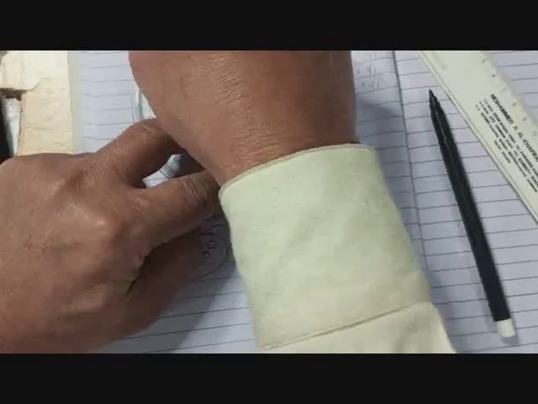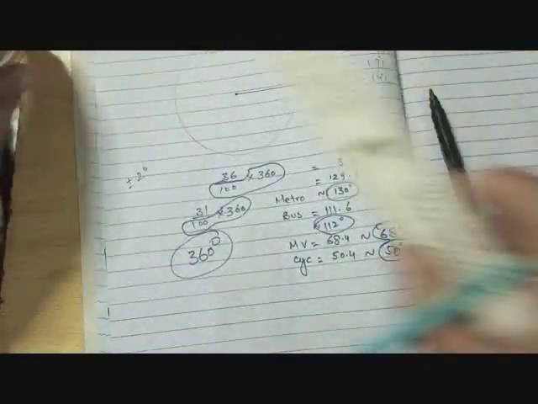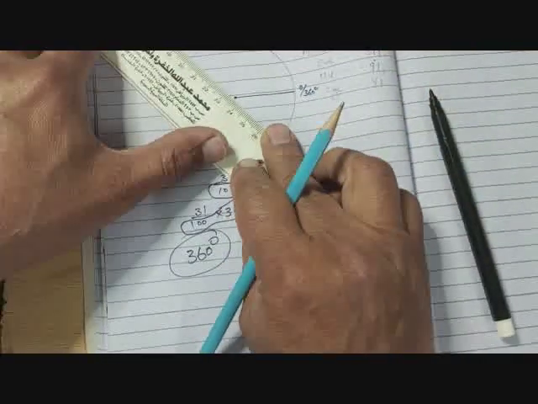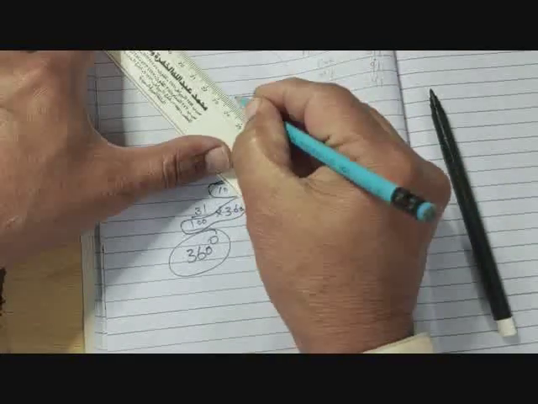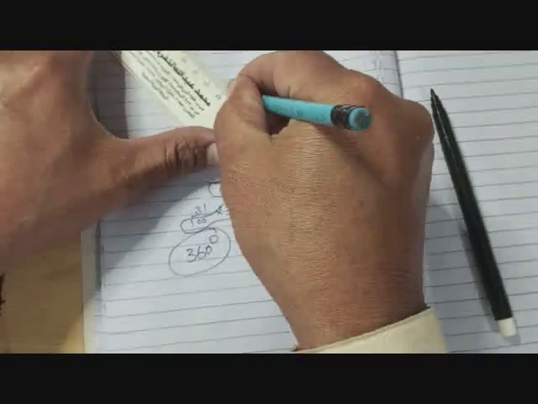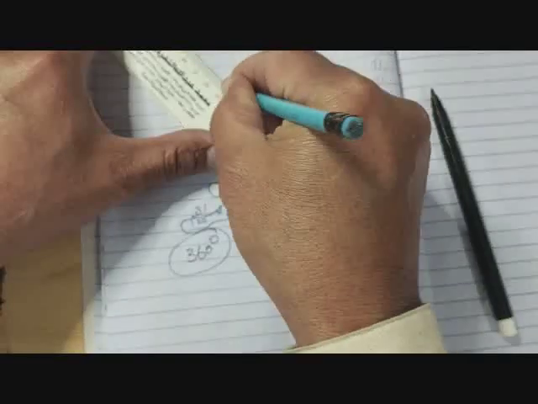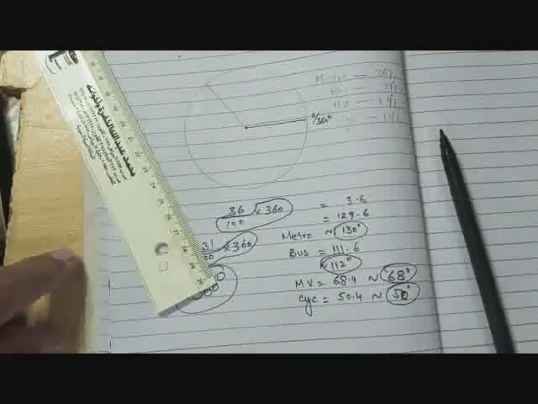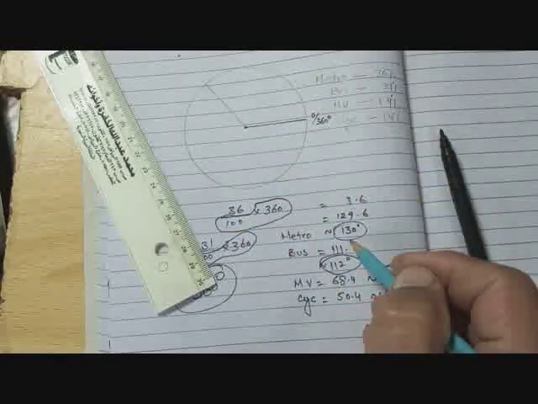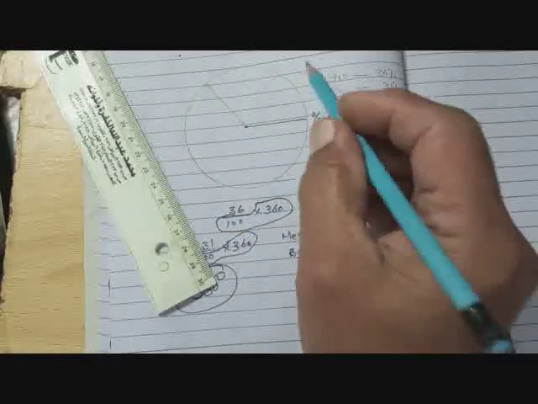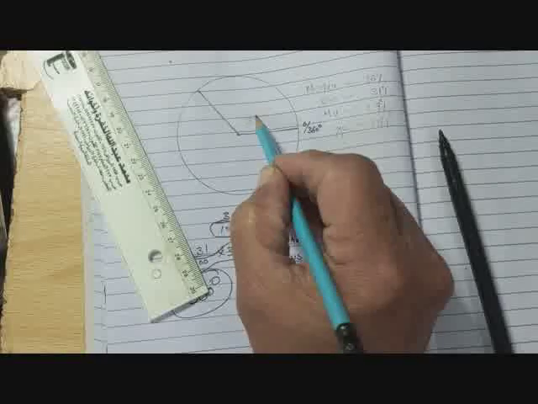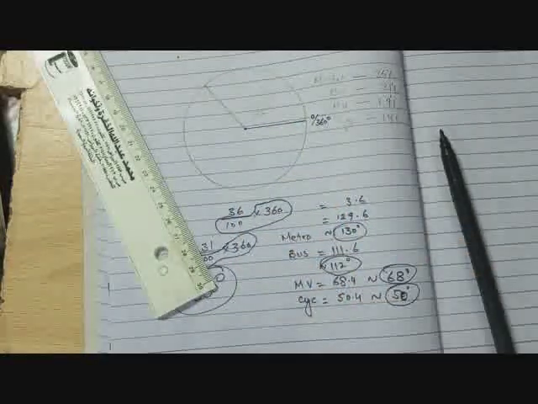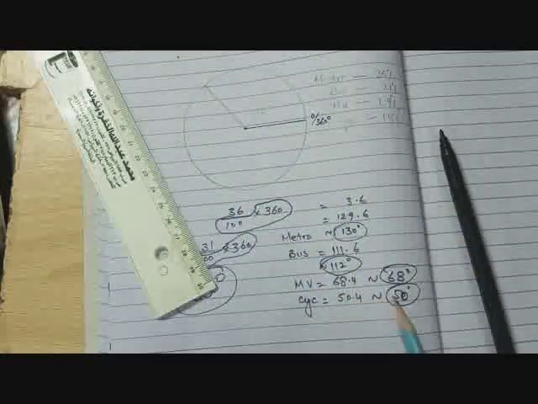Just mark a point over here. Then join this point up to the circumference of the circle, and it will be like this. Followed or not? Okay. Now this is 130. So it is the 36%. You can write 36%.